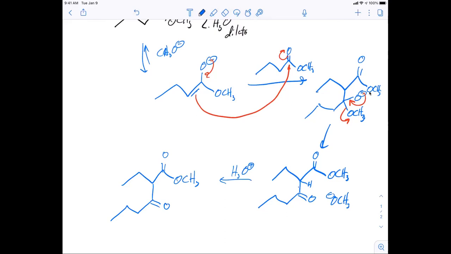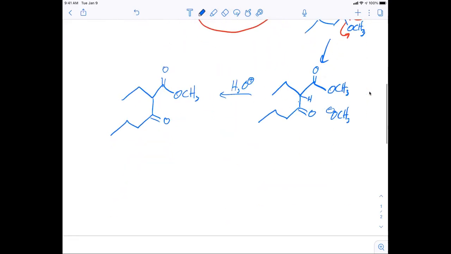If I had seen a strong acid, this could have hydrolyzed to the carboxylic acid. If I had seen acid and heat, because this is a 1,3-dicarbonyl, I could have decarboxylated, because I could have hydrolyzed to the acid. So let's show that.